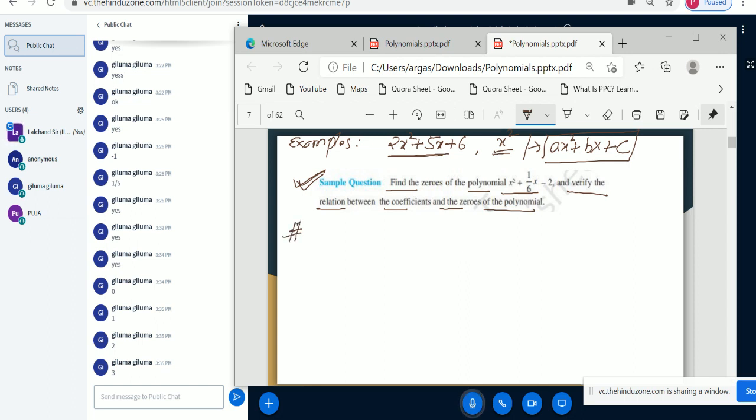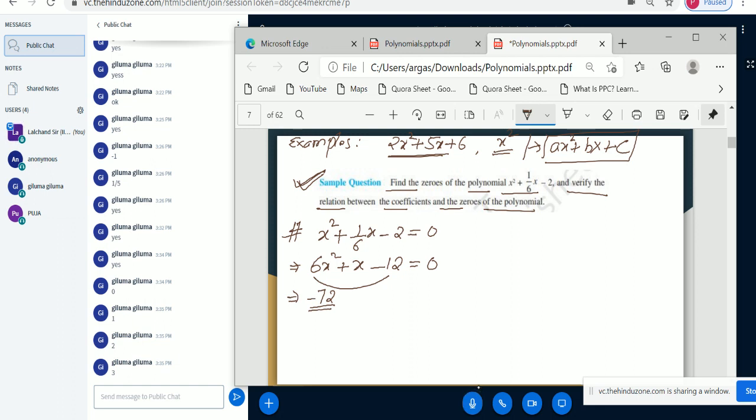So simply the polynomial is x square plus 1 by 6x minus 2 equal to 0. If I take the LCM, then 6x square plus x minus 12 equal to 0. If I multiply these two, I get minus 72.